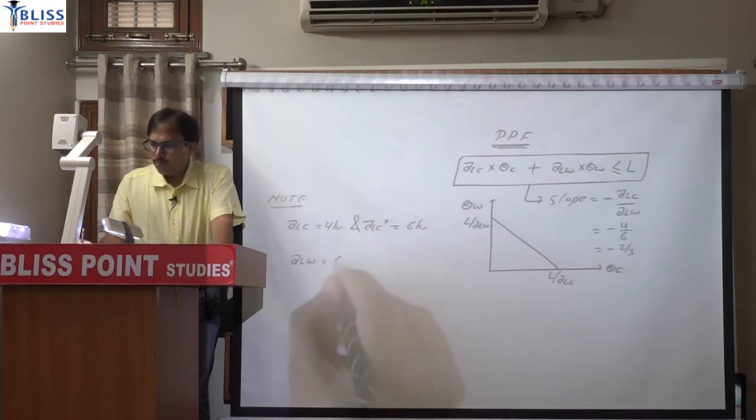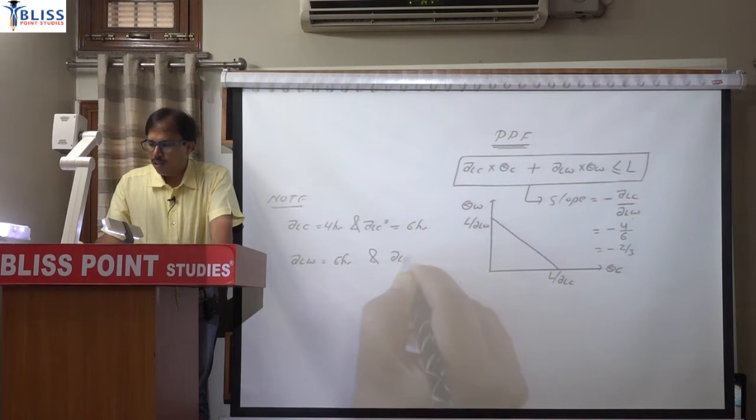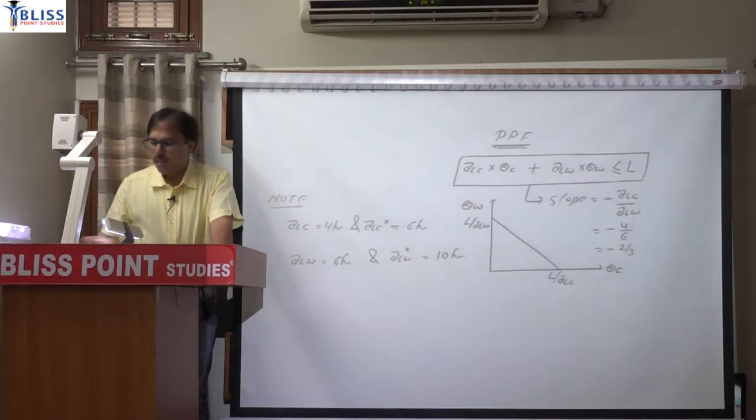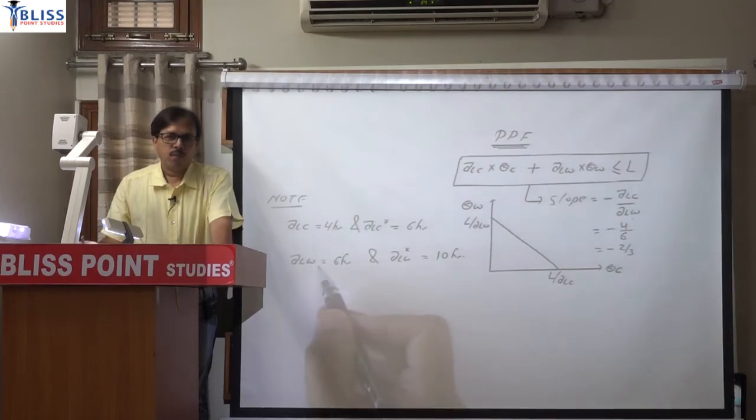ALW is 6 hours and ALW star is say 10 hours. Again, the home country can produce wine in less time. So the home country has absolute advantage in both lines of production.